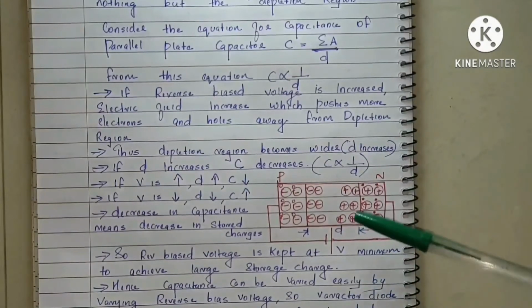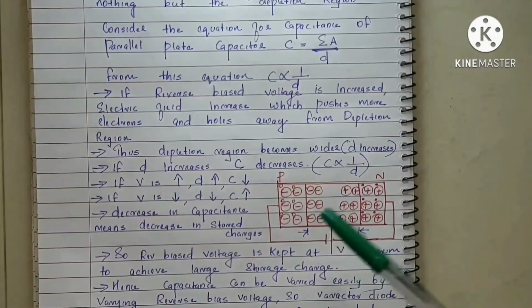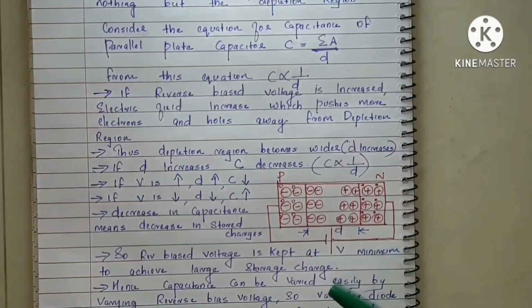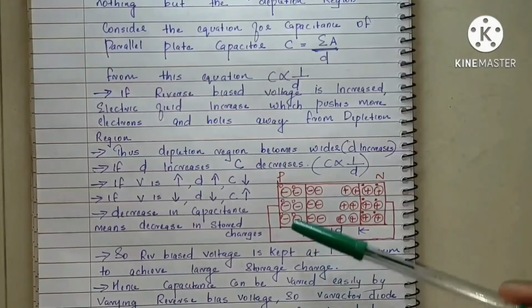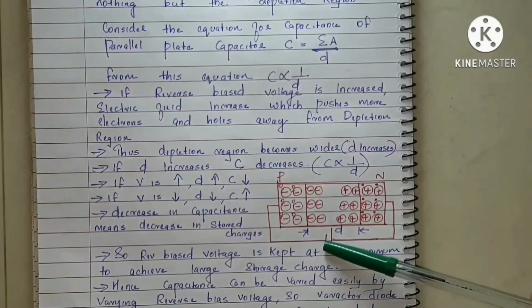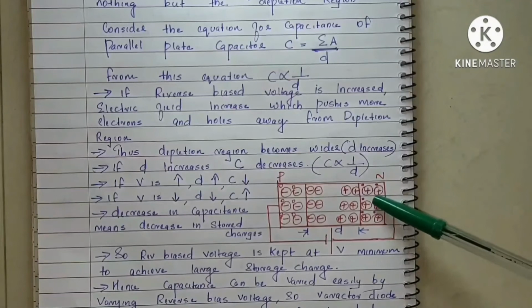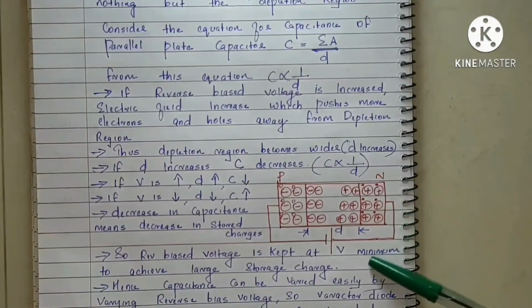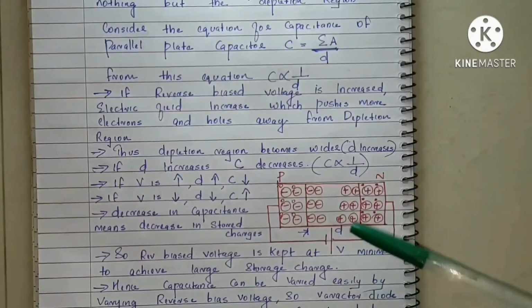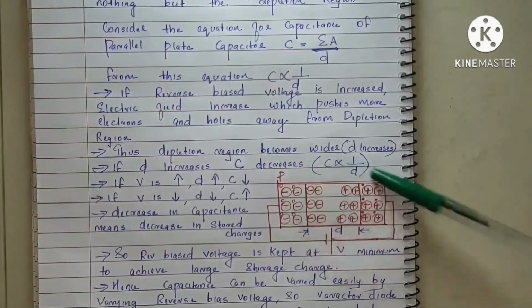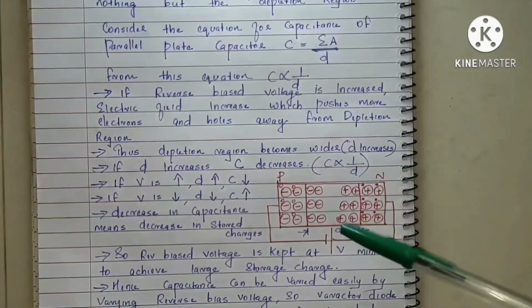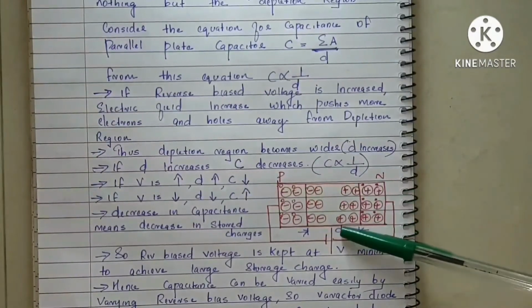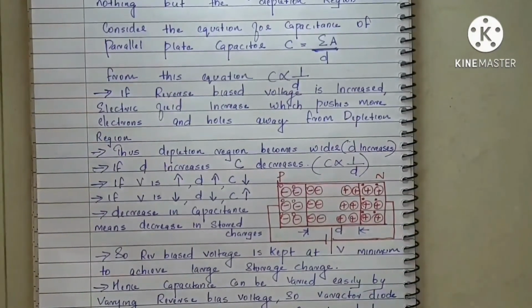Because of the increase in electric field, which pushes electrons as well as holes away from the depletion region, that is, holes which are virtually positive will get attracted towards the negative terminal of battery, and the electrons which are virtually negatively charged will get attracted towards the positive terminal of battery. Thus, the depletion region thickness will increase due to this increased electric field. Depletion layer thickness is denoted by small d.